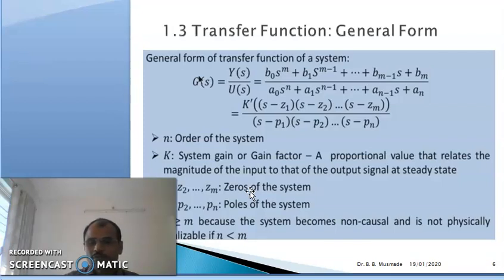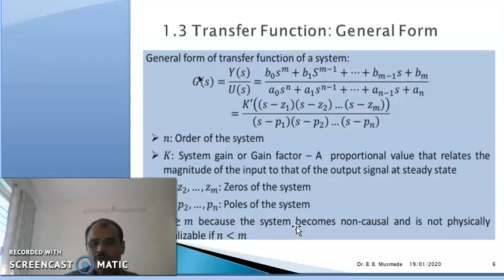If the number of zeros is more than the number of poles, then the system cannot be physically realizable, or it requires prediction of some of the information. So normally for practical systems, the number of poles should be greater than, or might be equal to, the number of zeros.